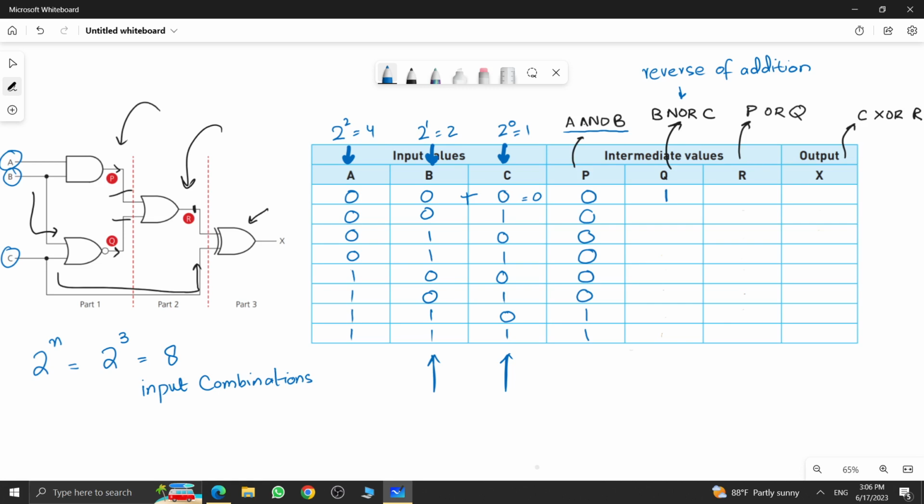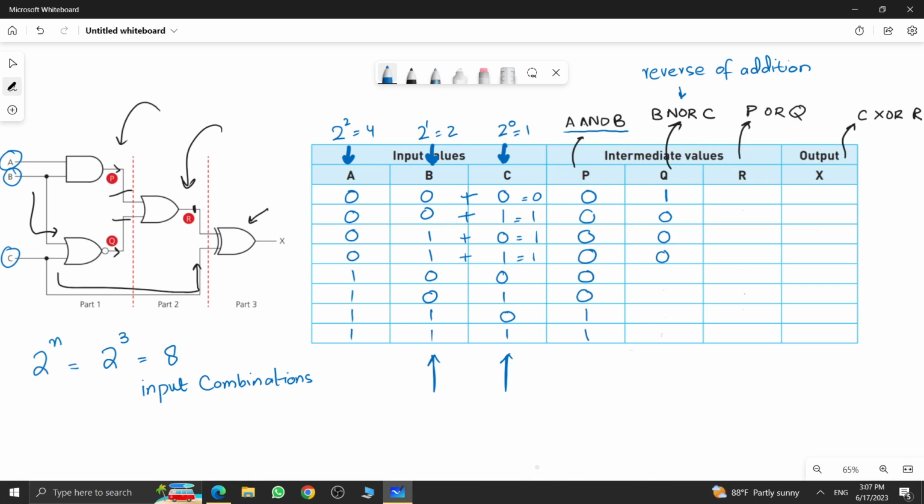Then see the values of the second column. 0 plus 1 is 1. But since it's a NOR gate, we will make it 0, reverse of addition. Then 1 plus 0 is 1, make it 0 for NOR gate. Then 1 plus 1 is also 1, but make it 0 since it's a NOR gate.